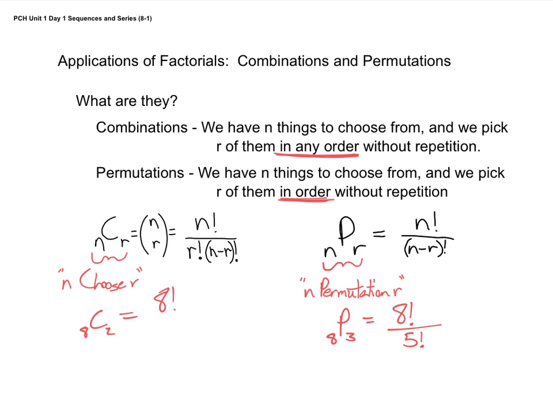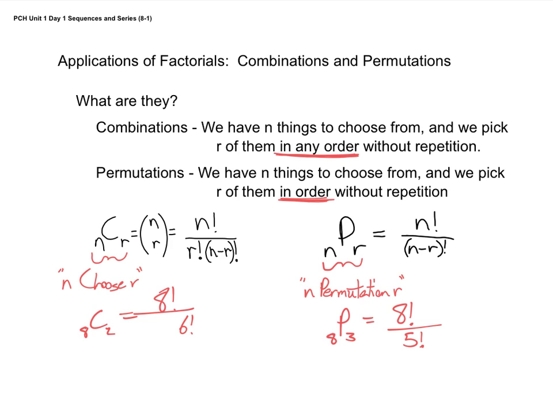8, remember, is the arrangement of all 8 runners. We divide by 5 factorial, or I'm sorry, in this case it would be 6 factorial, because those are the 6 runners we don't care about. We don't care what order they finished in, because they're not the top 2, okay? But then we have to do one more thing, because at this point we still have them in a specific order.